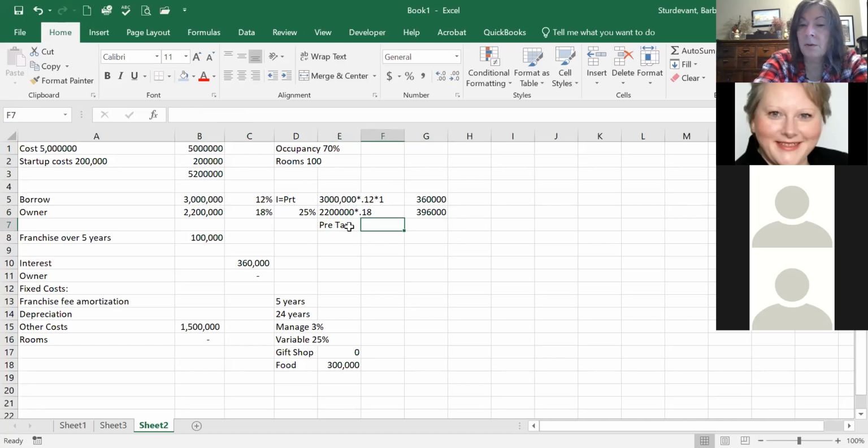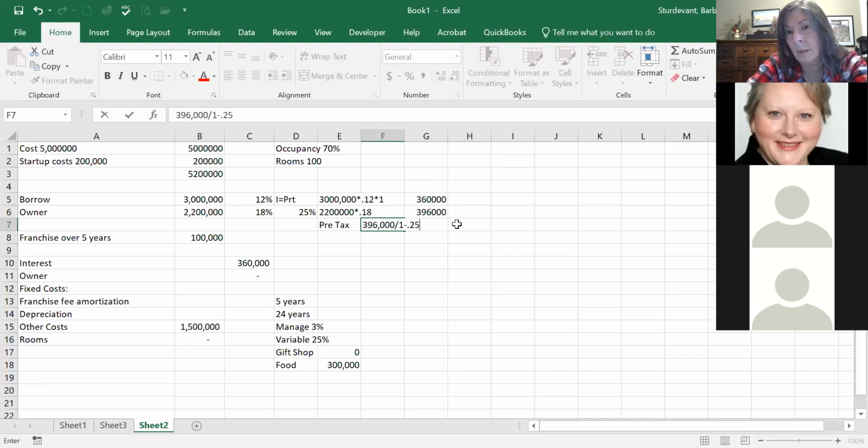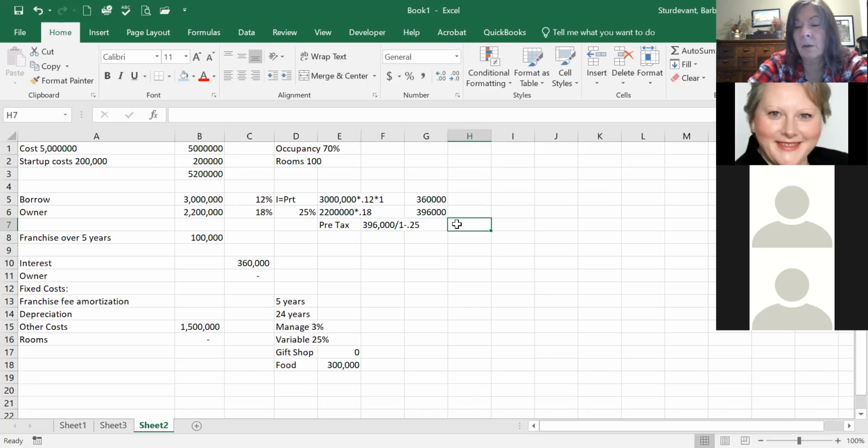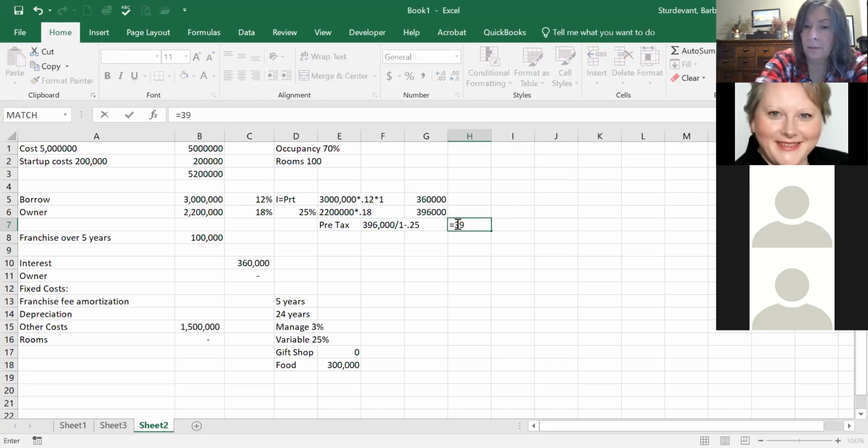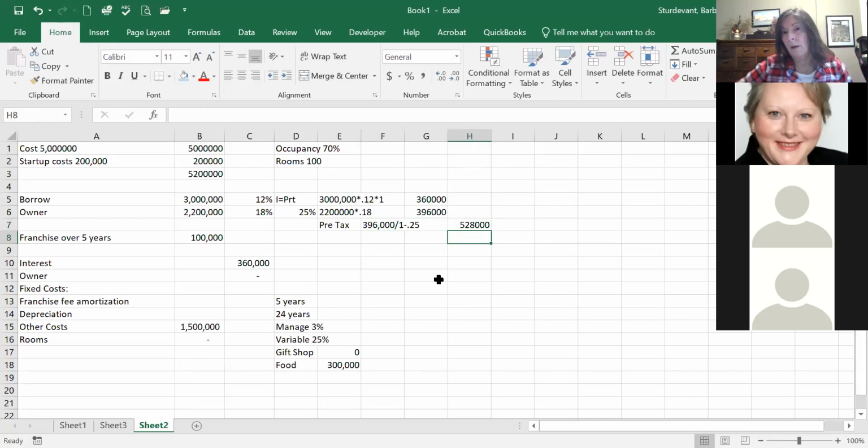We're going to take the 396,000. And we're going to divide by 1 minus the tax rate. Okay, so you're going to end up with probably would do math better if it was a period. Okay, that's what we're going to need to build into our formula.